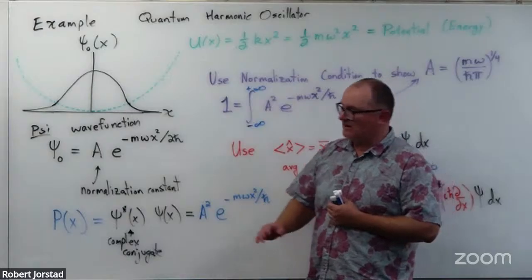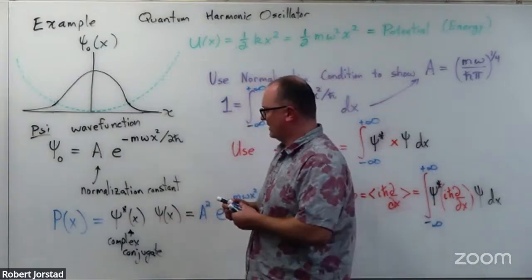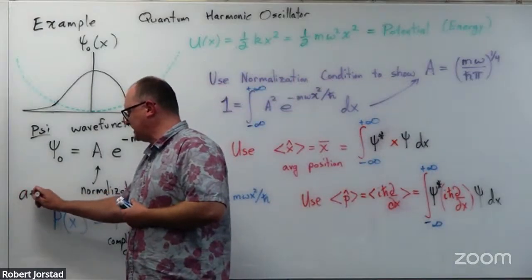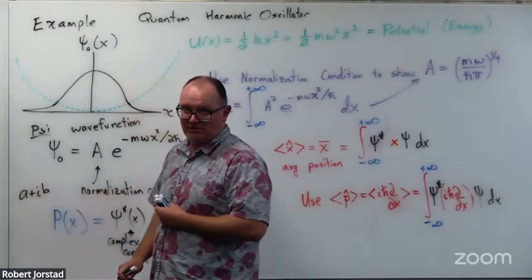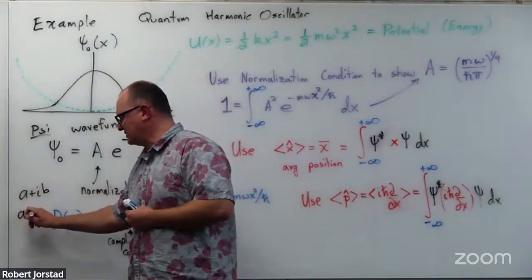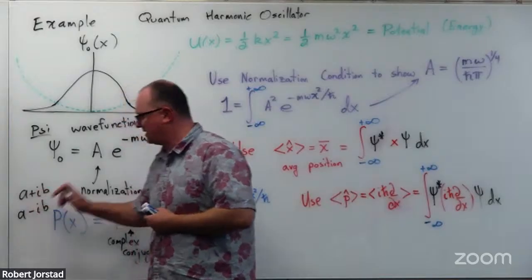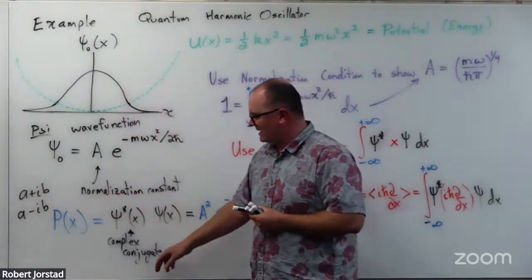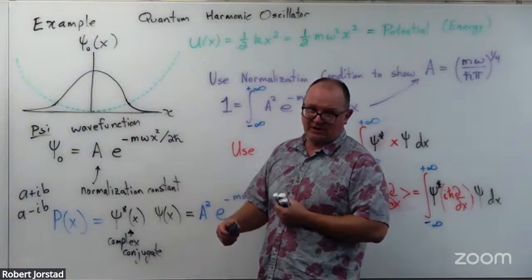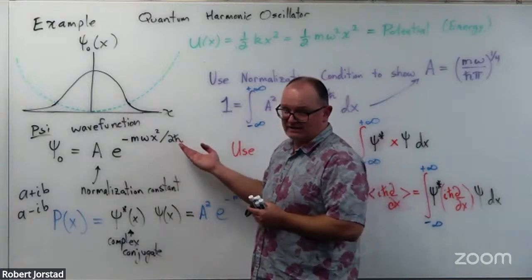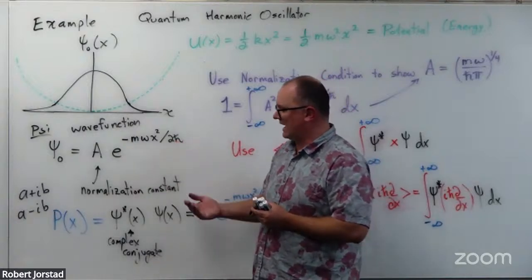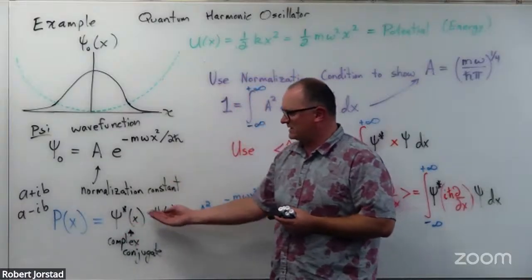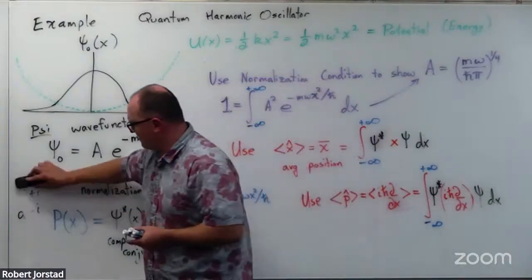So basically, if you know a plus ib in complex number theory, the complex conjugate would be a minus ib. Anything with an i on it flips sign. Now, a lot of the wave functions we're dealing with are real. This one is real, all real values. So for a real valued function, that basically just means square it. But more on that later.